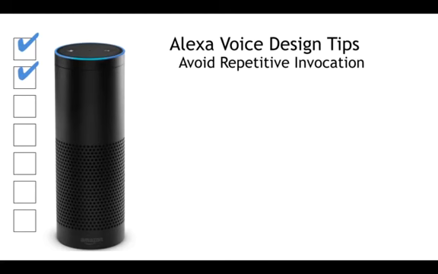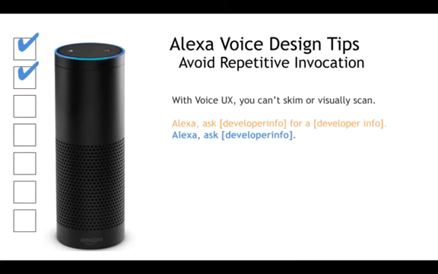Also, avoid repetitive invocations. With voice user experience, you really can't look at all the options you have and then choose something. So you've got to make sure you're very succinct, and you're not making your user say multiple things or say the same thing multiple times.